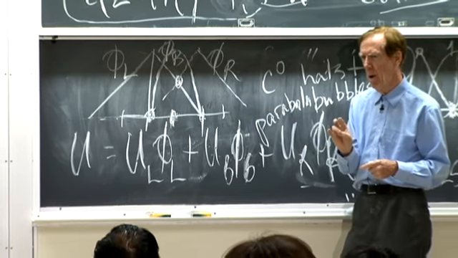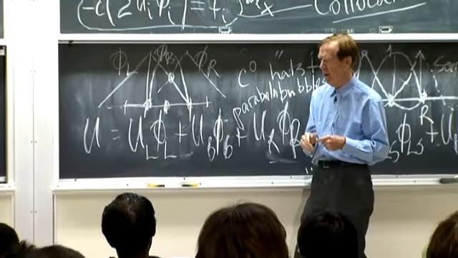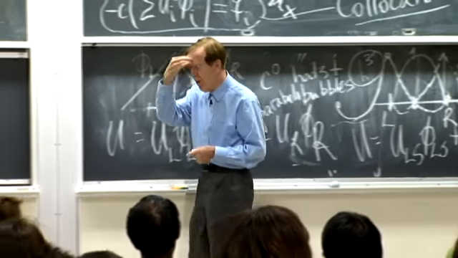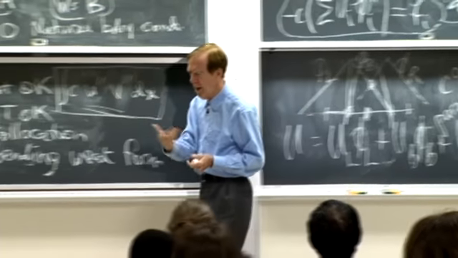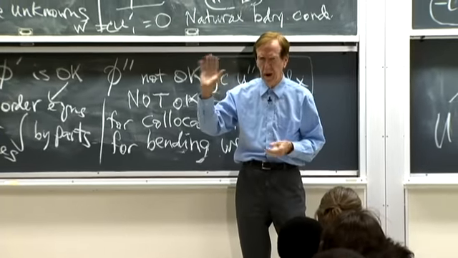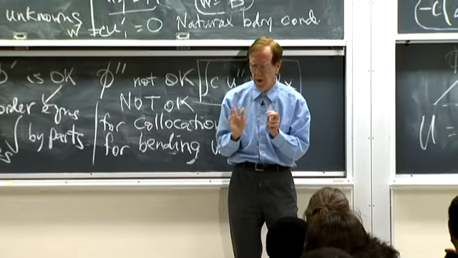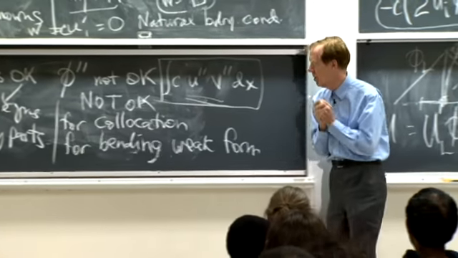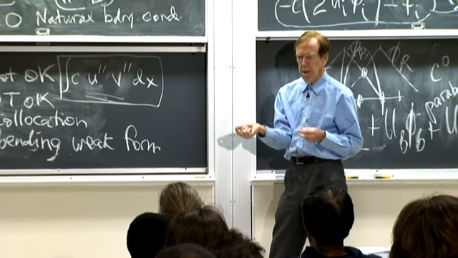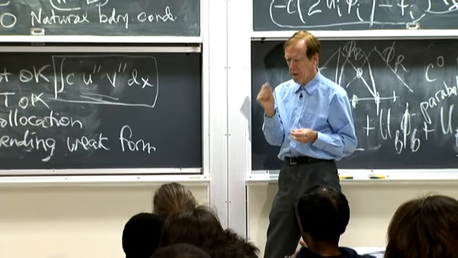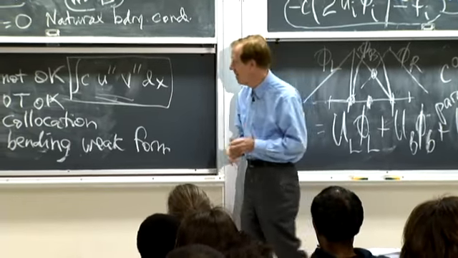So that would be called a non-conforming function. There's a very famous way to create non-conforming functions, and that's very hot stuff, actually. Professor Pereira and others in Aero are world experts on that. Those are called discontinuous Galerkin.